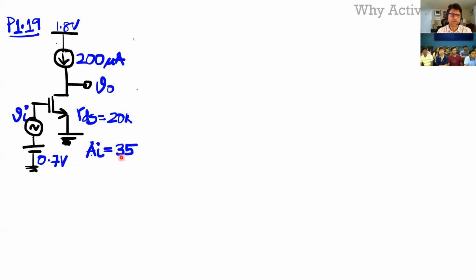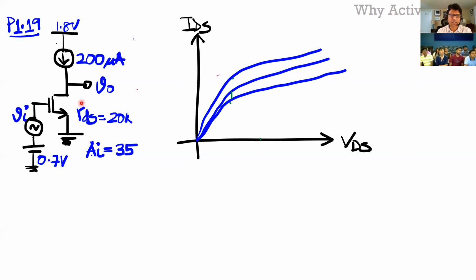So the self gain was about 35, and we biased it to 0.7 volts, and we wanted to find out what V out over Vi is, right? If you just take this transistor by itself, its transfer characteristic is this. This is VDS as well as V out, because VDS is nothing but V out, since it's with respect to ground.